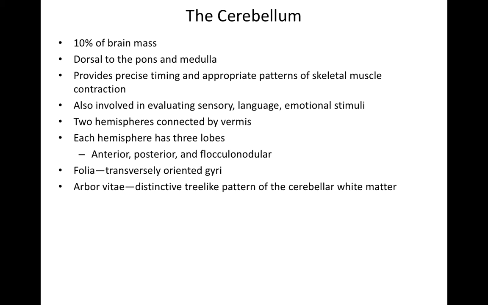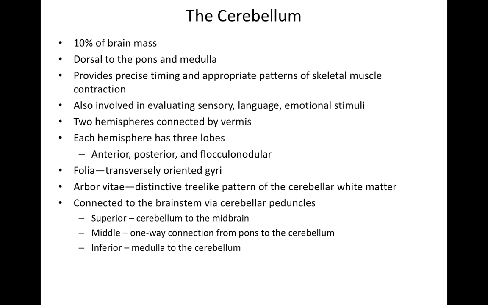Arbor means tree. And it's where the white matter is. So right away you can think, okay, this is going to be myelinated axons. That's where the axons are in the cerebellum. And then it's going to be connected to the brainstem via what are called the cerebellar peduncles. So you've got a superior, middle, and inferior that are going to make those connections.